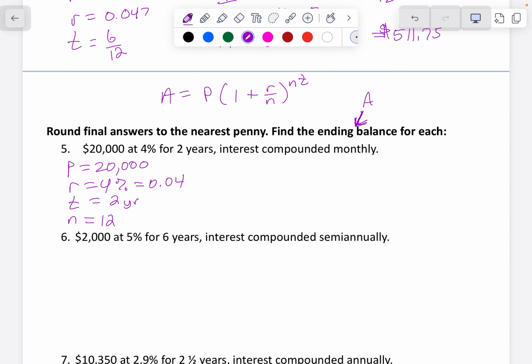So we want it to be smart. So you're going to do your 20,000 times the quantity of 1 plus your r value, which is that decimal, divided by your n value, which is 12. So that's what that was in your parenthesis. And then your power is the n value times the t value. n is 12, t is 2.